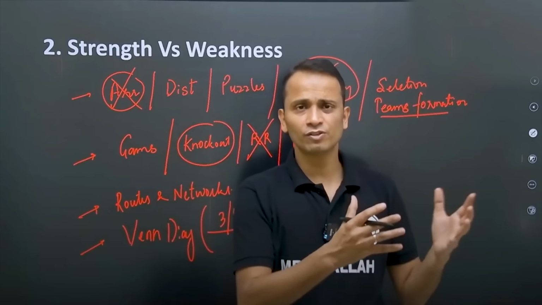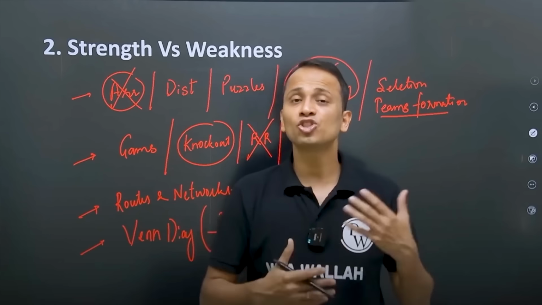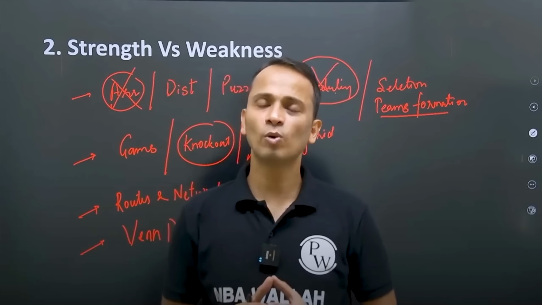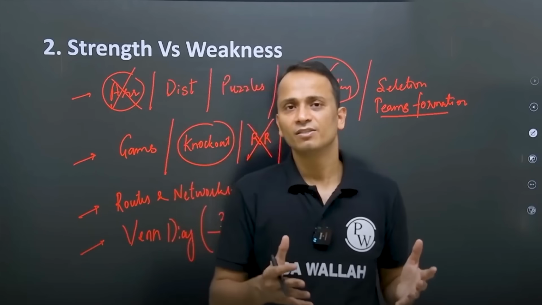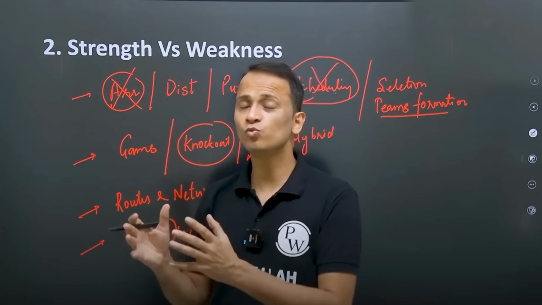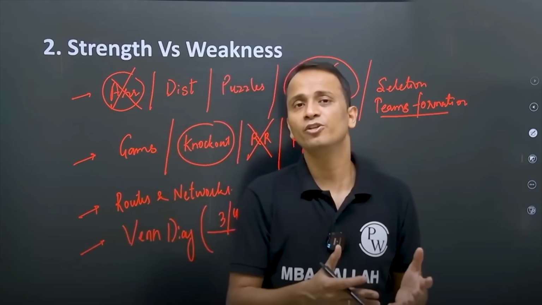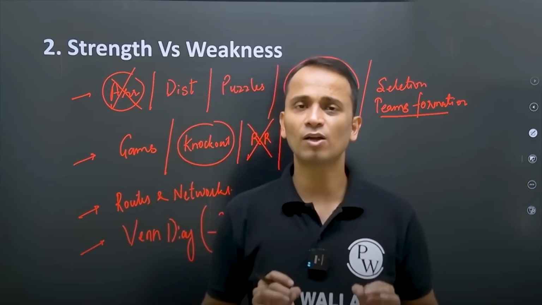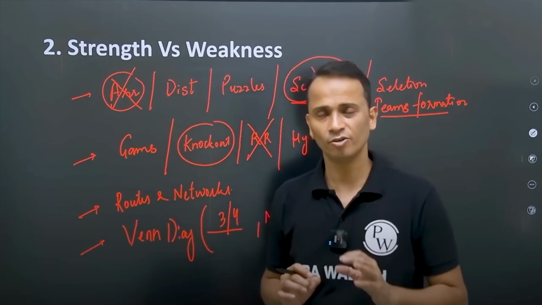Whatever strengths you have, they'll keep getting stronger. And out of these 6 or 7 weak areas that you have, week by week, every 7 days, every 10 days, one of these weaknesses will convert into your strength, or at least it will not remain your weakness if you start working on these weaknesses, right?